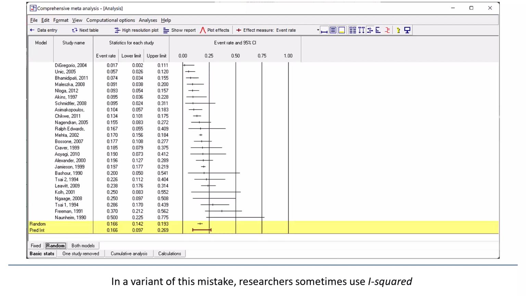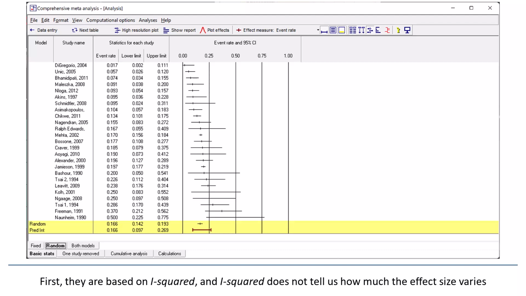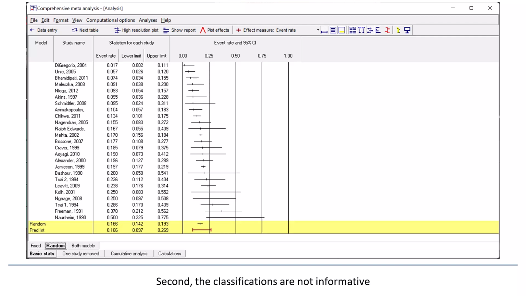In a variant of this mistake, researchers sometimes use I-squared to classify heterogeneity as being low, moderate, or high. These classifications are meaningless for two reasons. First, they're based on I-squared, and I-squared does not tell us how much the effect size varies. It follows that any classification based on I-squared also cannot tell us how much the effect size varies. Second, the classifications are not informative.